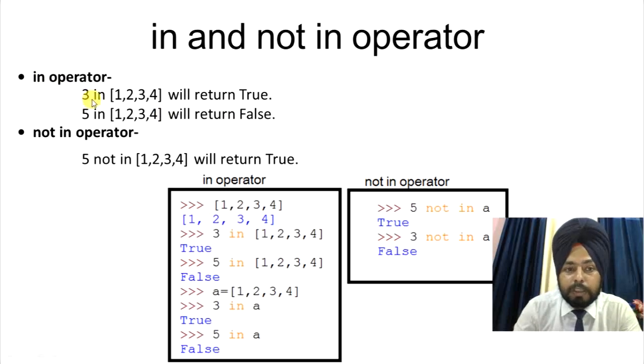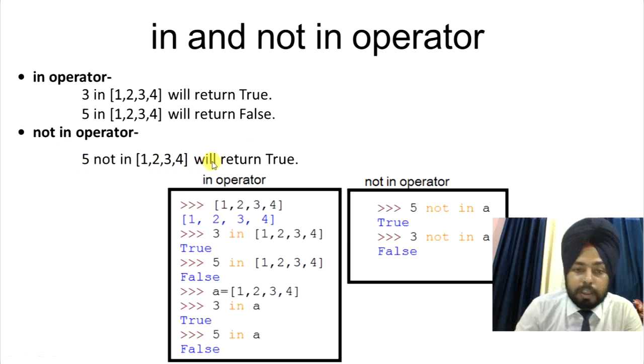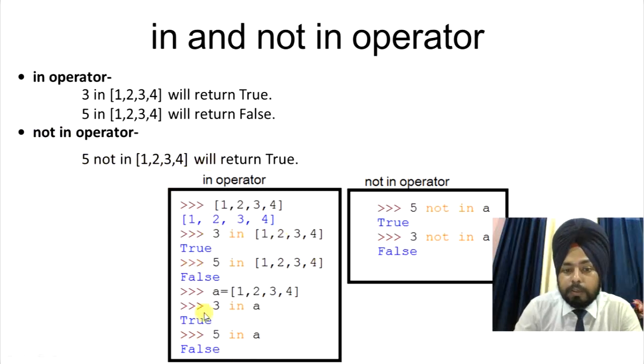The example is given here: 3 in 1, 2, 3, 4 will return true. If we look for 5 in the same list, it will show false. If we use the not in operator, then 5 not in 1, 2, 3, 4 will return true. The example is also given here.